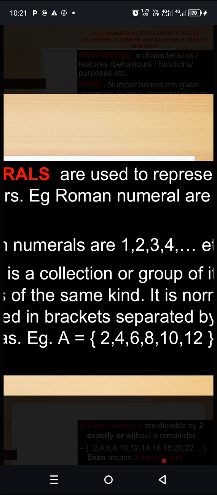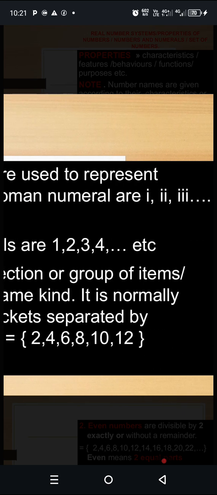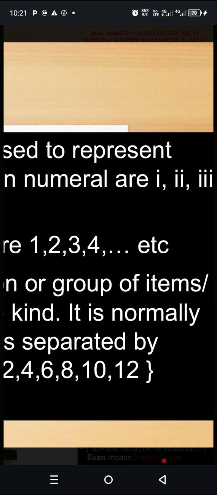Good. Right. But you cannot say they are even numbers or they are multiples of 2. You cannot say that. That's wrong. You know why? This is a definite set. The last element is known. That is 12. So you have to state it.